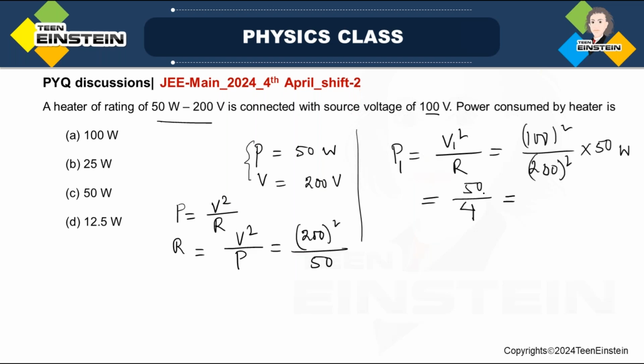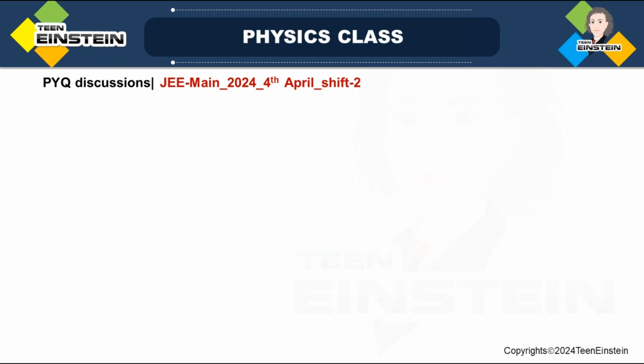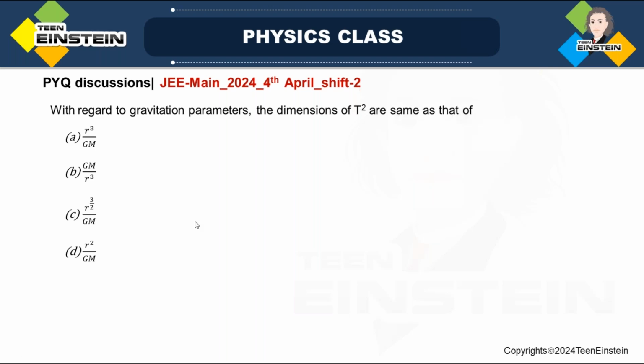So this will give you, see this, I can write 25 by 2, that means 12.5 watt. So option D will be the correct answer for this question. So these were actually very simple questions. You should not take this much time. You can directly write this formula and do the calculation within 30 seconds maybe. Okay, let us go to the next problem.